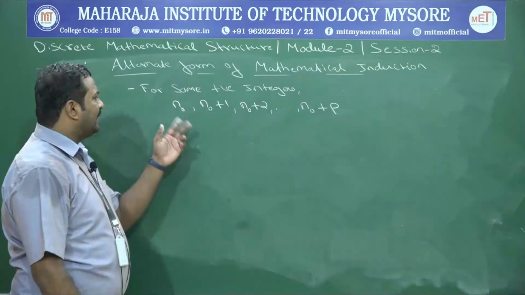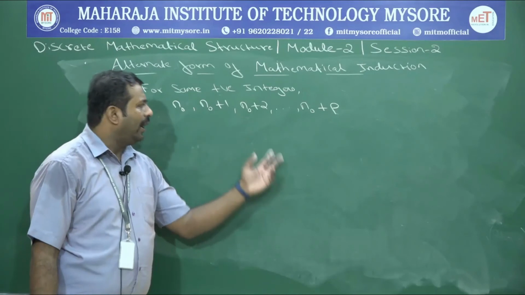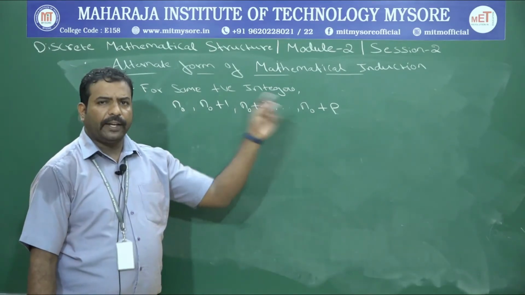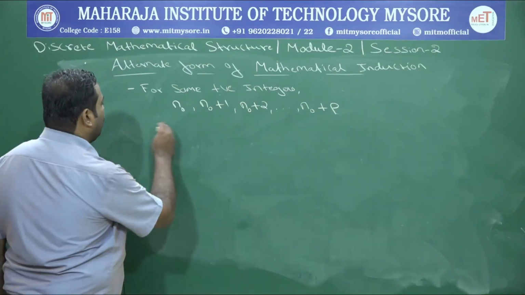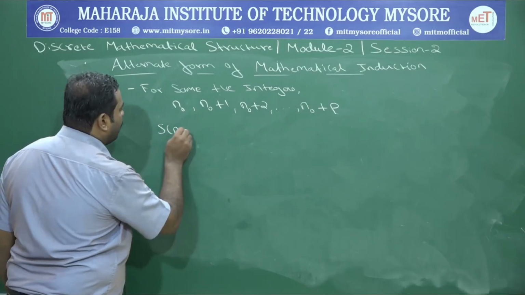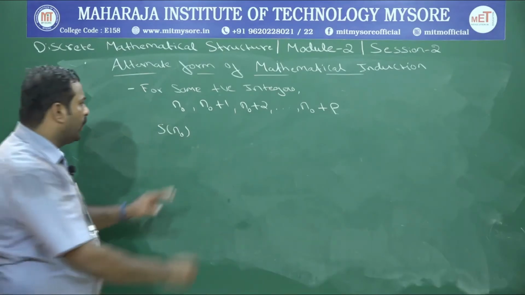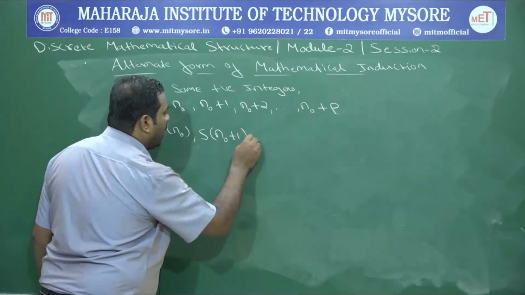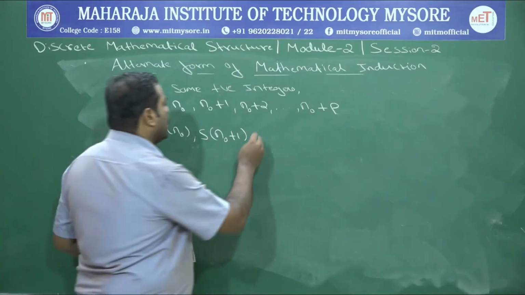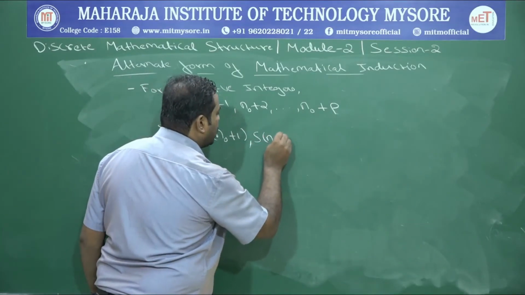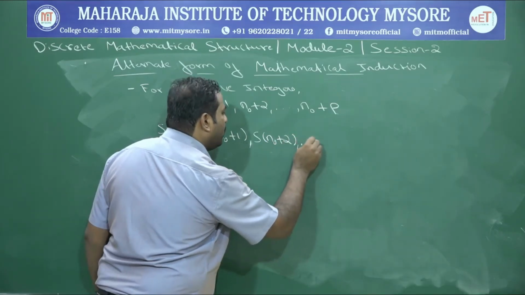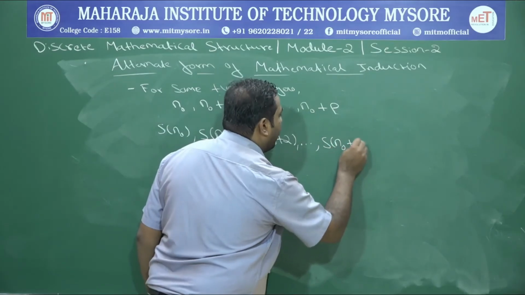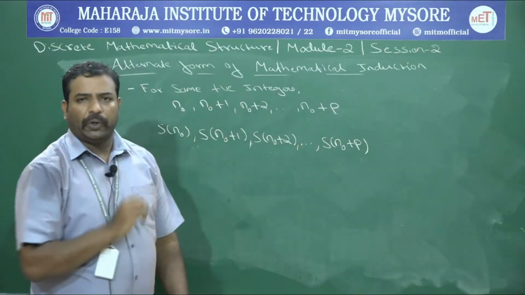So if I take these positive integer values, I am going to prove that the statement S of n0 is true, S of n0 plus 1 is also true, S of n0 plus 2 is true, and so on. S of n0 plus p will also be true.